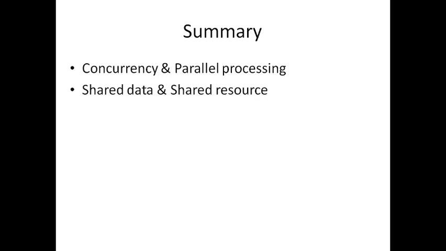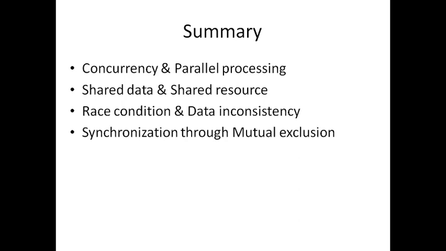Now we have discussed elaborately the problems of concurrency and parallel processing, what happens when shared data or a shared resource is caught in concurrent processing, the problem of race condition and data inconsistency, and the solution, that is, enforcement of mutual exclusion, for which we have to create a critical section in each and every process.